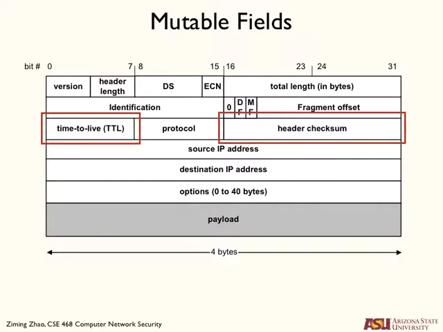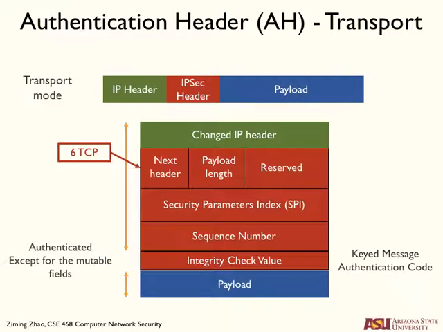Usually, this field is going to decrease whenever this packet arrives at a router. But in IPSec, especially in transport mode, we're trying to build an end-to-end secure communication. But if the routers have to update this part, they are changing our packet. How can we maintain the integrity of it? So actually, when we calculate this integrity check value, we are only calculating the parts that are not mutable.